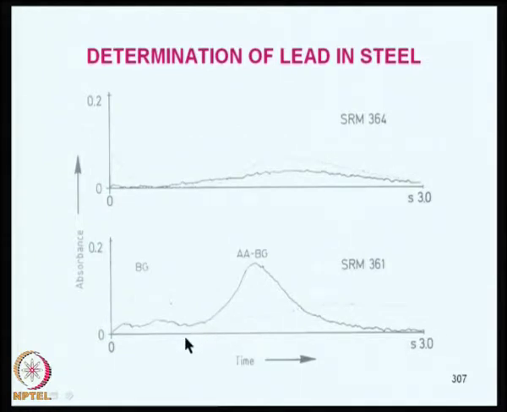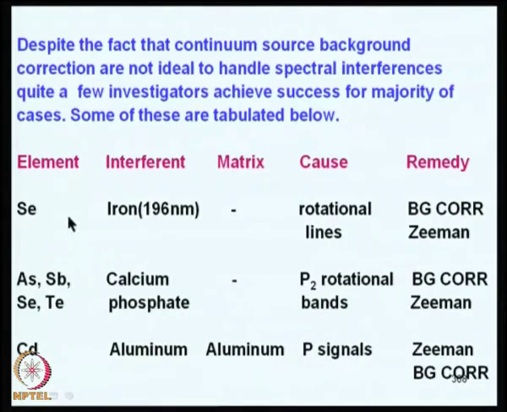I say start measurement after 1 second, then the background is already gone, and only the sample will be determined. So, you can see the sample signal is enhanced. Such tricks we employ quite often.